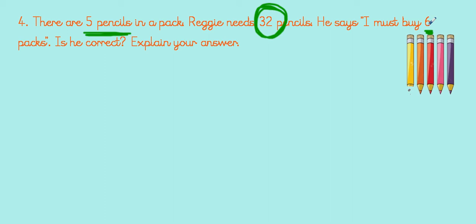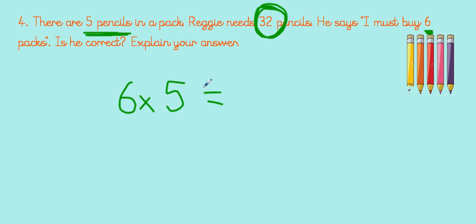So we need to work out how many pencils there will be in 6 packs and see if that's enough for Reggie. Okay, so we've got 6 packs with 5 in each pack. And we're hoping if Reggie's right, then it will be more than 32, won't it? Because he needs 32 pencils.